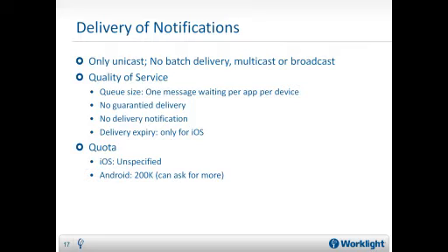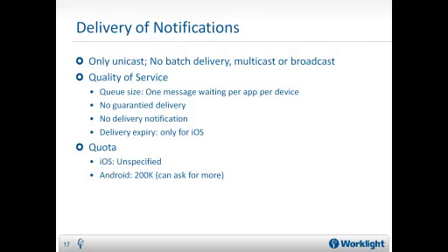Now, as for quality of service, while both APNS and C2DM are provided free of charge for application providers and users, both provide a very limited service level. Both services remember only one message per application per device when the device is offline or is not capable of receiving notifications.